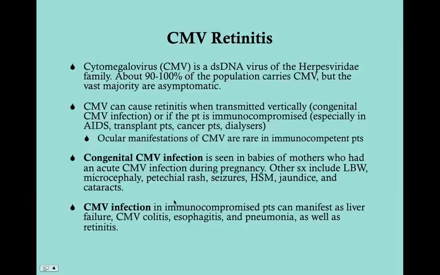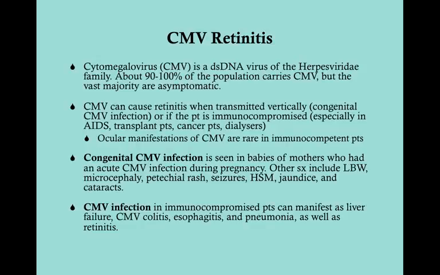Remember, almost everybody carries CMV, but once your immune system deteriorates, then that CMV can wreak havoc on your body. And there's other things that CMV can do besides retinitis. We'll discuss that. So the patients we really think about when we're thinking about immunocompromised patients are especially HIV/AIDS patients, transplant patients, cancer patients, and patients who are on dialysis.